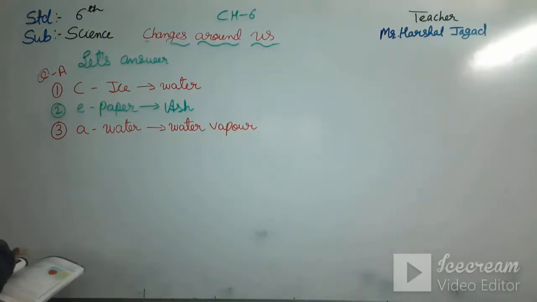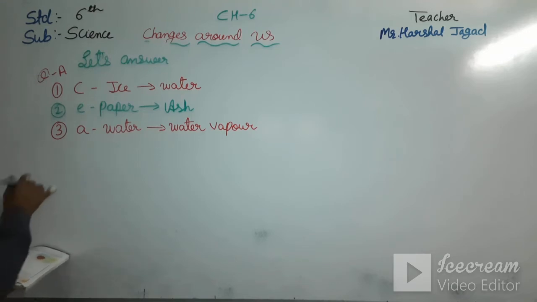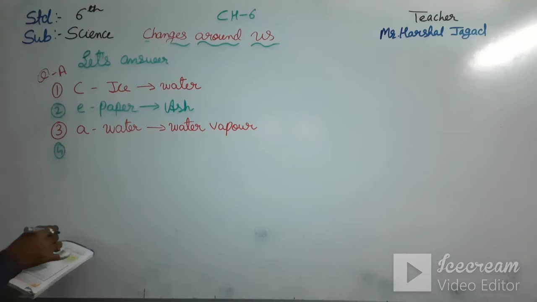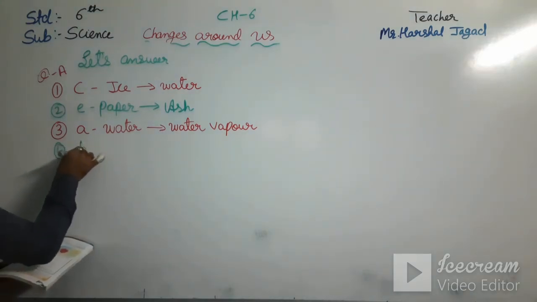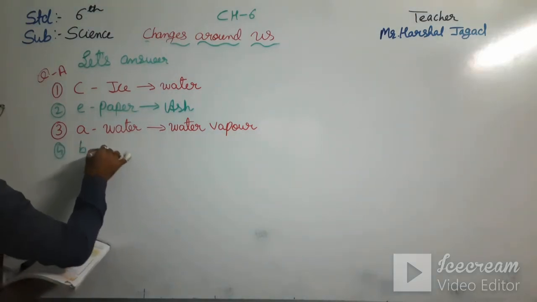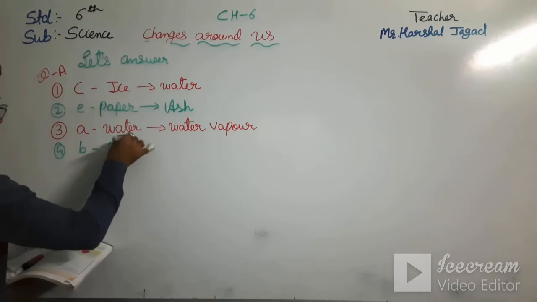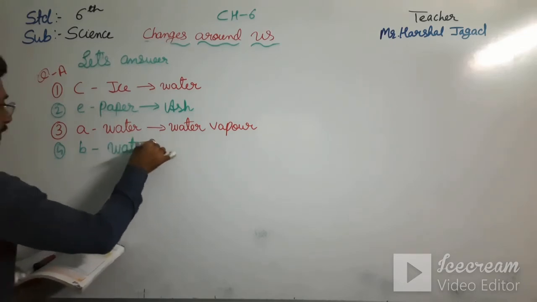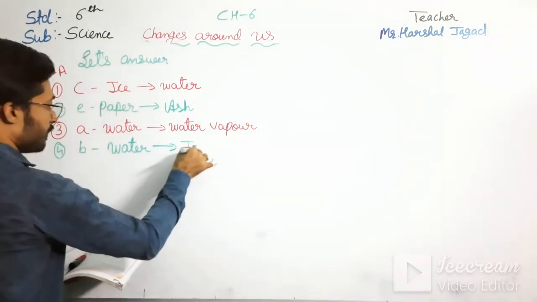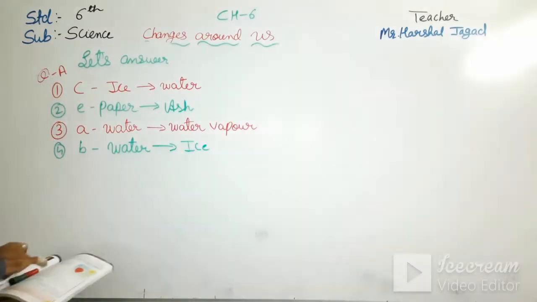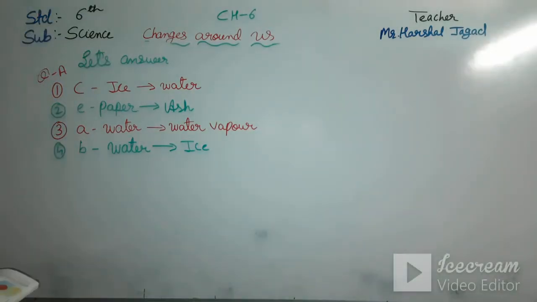And the fourth one, that is freezing. So what is freezing? We know that that is B, that is water to ice, that is freezing. And the last one, that is condensation.